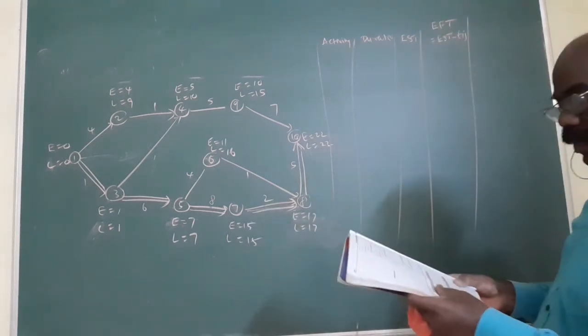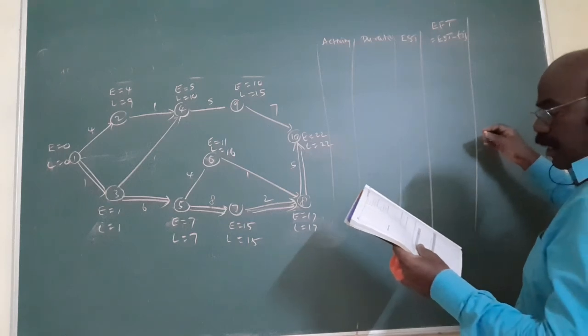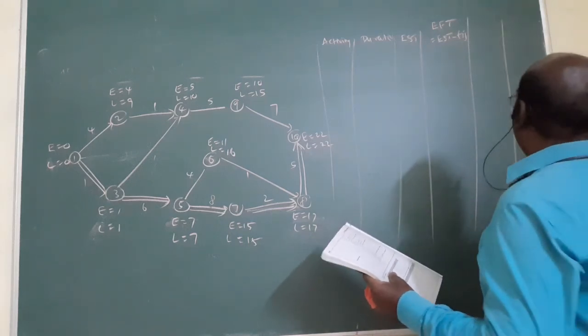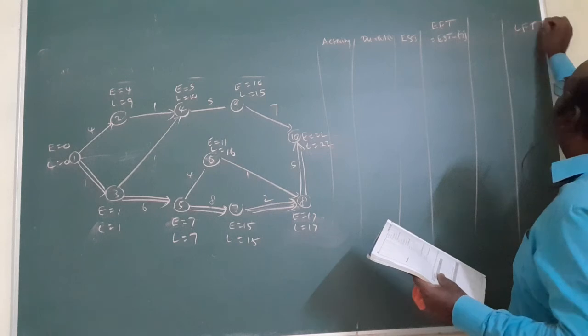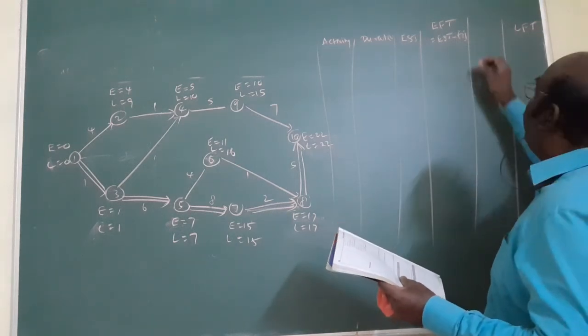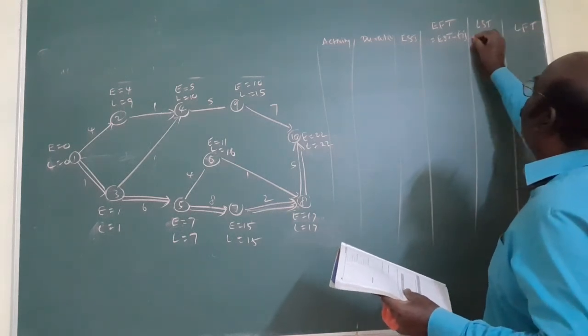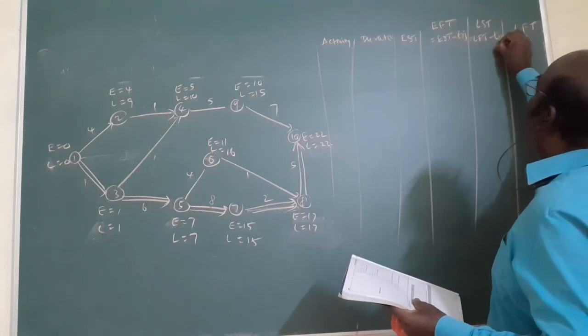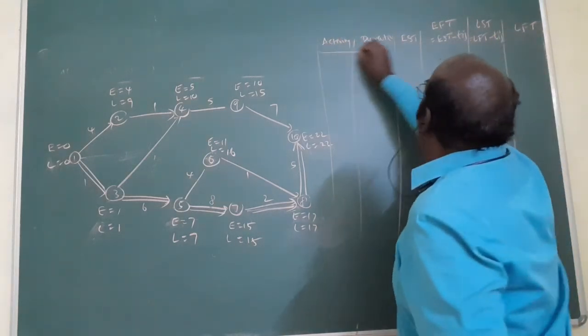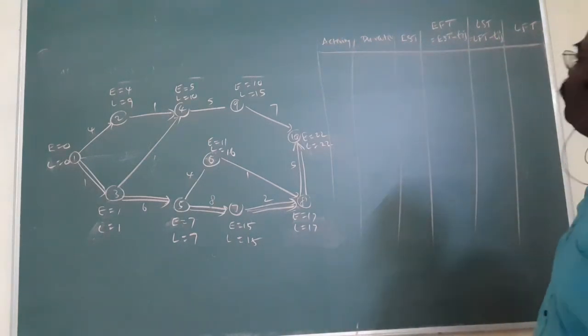Next one is what? LST. Sorry, LFT. Here LST is equal to LFT minus TIJ. This is how you put the box.